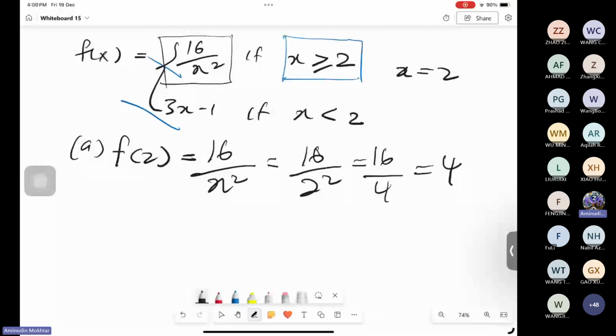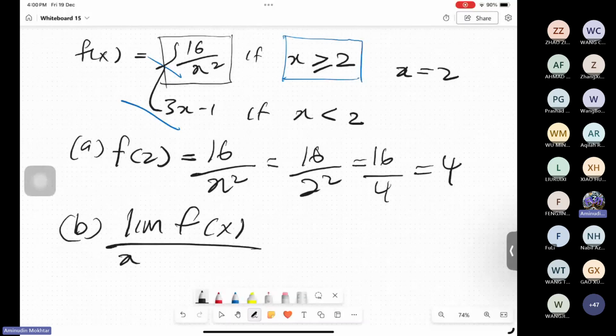Okay, rule number 2. The second condition here: we need to find the limit of f(x) when x approaches 2, because the number 2 is given in the question.